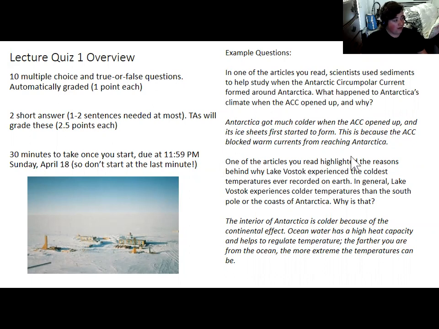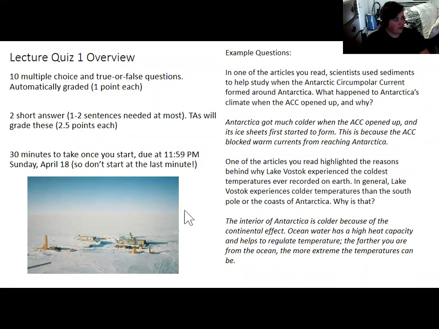The other example question alludes to the Lake Vostok article and talks about how, in general, Lake Vostok is one of the coldest places on Earth. And the answer has to do with the heat capacity of ocean water and the continental effect, not directly from memorizing something from the article, but from a concept we've talked about in class a fair bit.